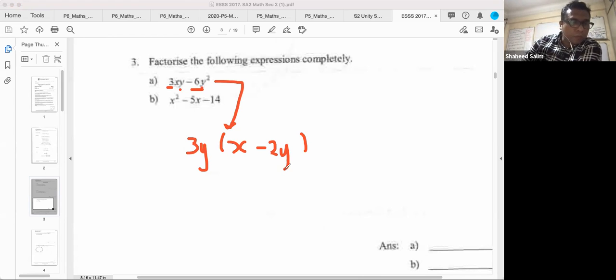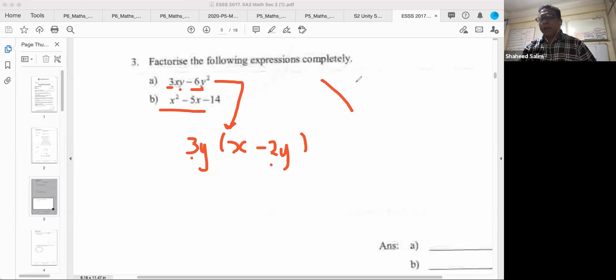Akira, do you get it? 3 times 2 gets 6. y times y, y square. 3 times x, 3x. So 3xy. Next one now is completing the square.